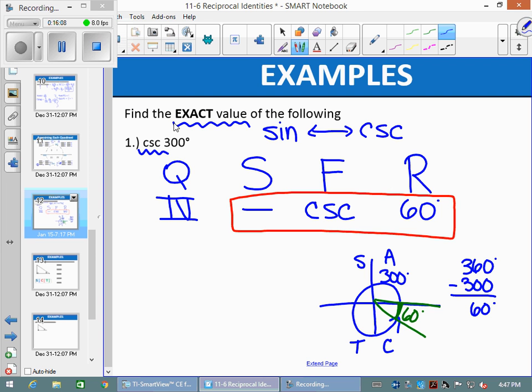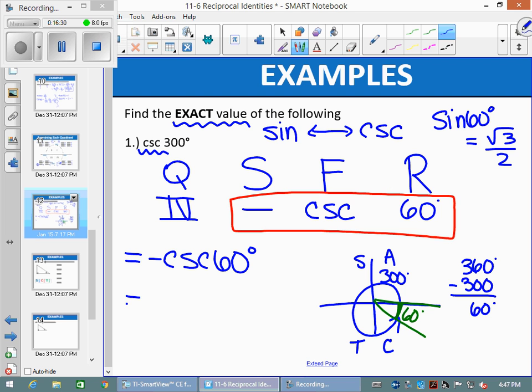But we're not just being asked to write this as a function of something positive and acute, we're being asked to find the exact value. So this is where we bring sine back again. The sine of 60 is radical 3 over 2. So the negative cosecant of 60 is negative 2 over radical 3.